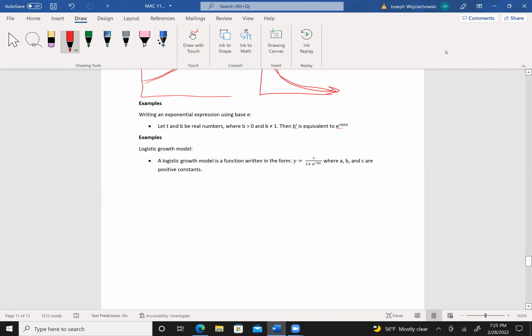So we're told that the amount in the account is equal to P times e to the rt.